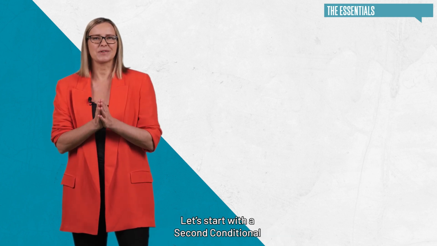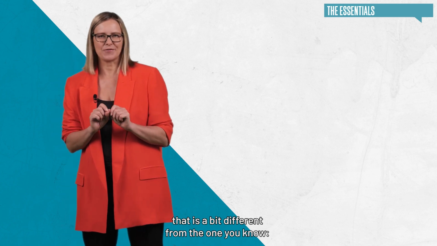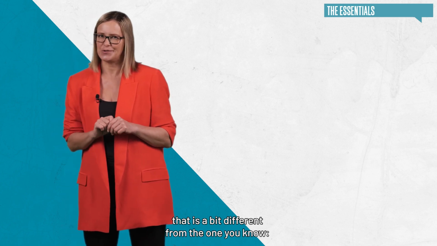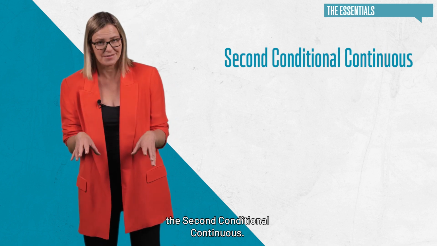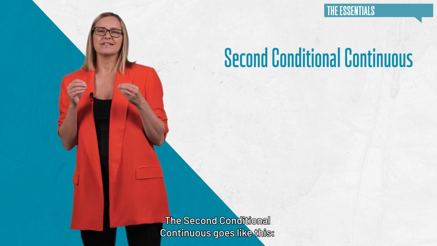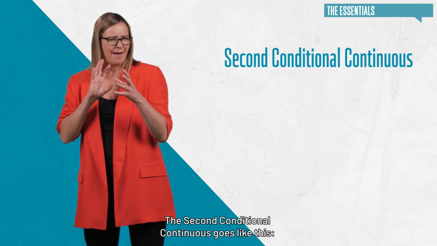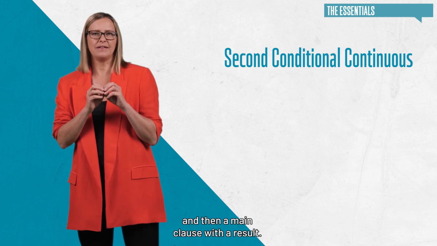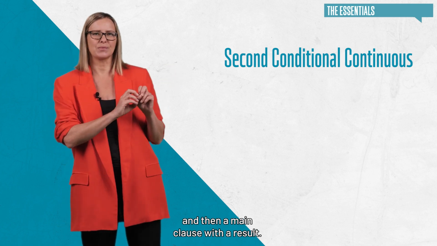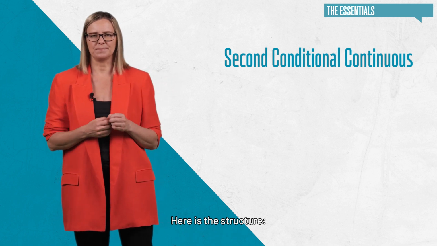Let's start with a second conditional that is a bit different from the one you know. The second conditional continuous. The second conditional continuous goes like this. There is a clause with the condition and then a main clause with a result. Here is the structure.